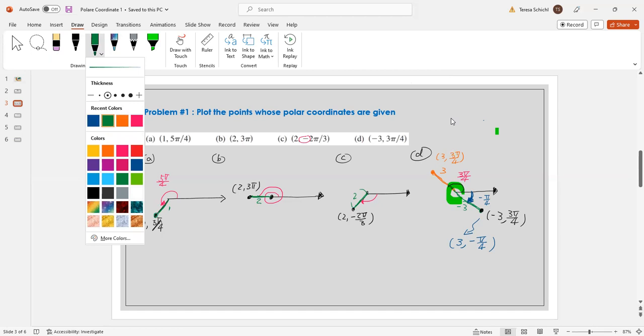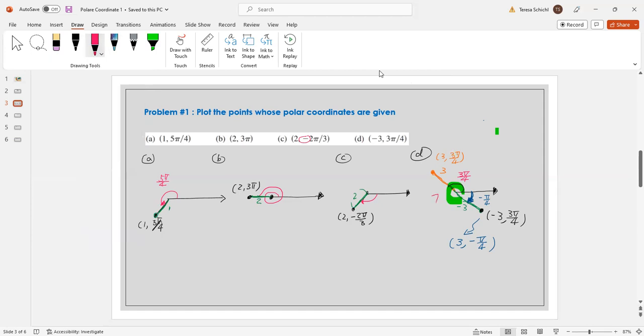This angle here, in total I swing 3 pi over 4 and then plus pi. So I swing 7 pi over 4 here.